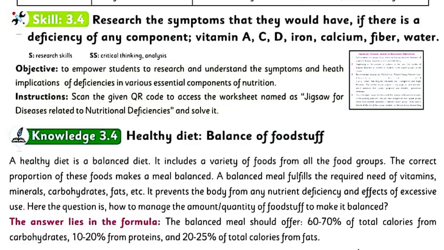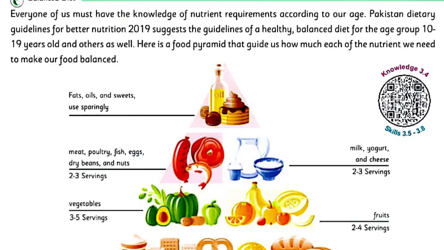Here the question is, how to manage the quantity of foodstuff to make it balanced? The answer lies in the formula. The balanced meal should offer 60 to 70% of total calories from carbohydrates, 10 to 20% from proteins, 20 to 25% of total calories from fats.